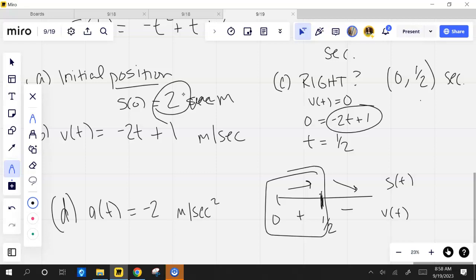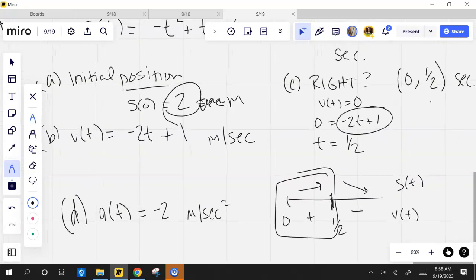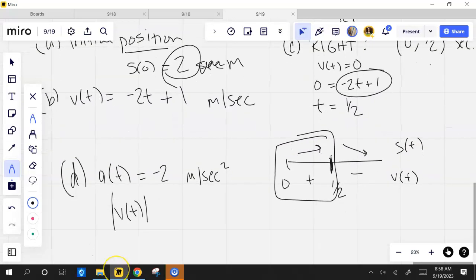Then it asks for the speed of the particle when the position is 0. So 2 parts here. When is the position 0? At 2, right? So I'm looking for speed. Speed is absolute value of velocity. So I want the absolute value of velocity when the time is 2.